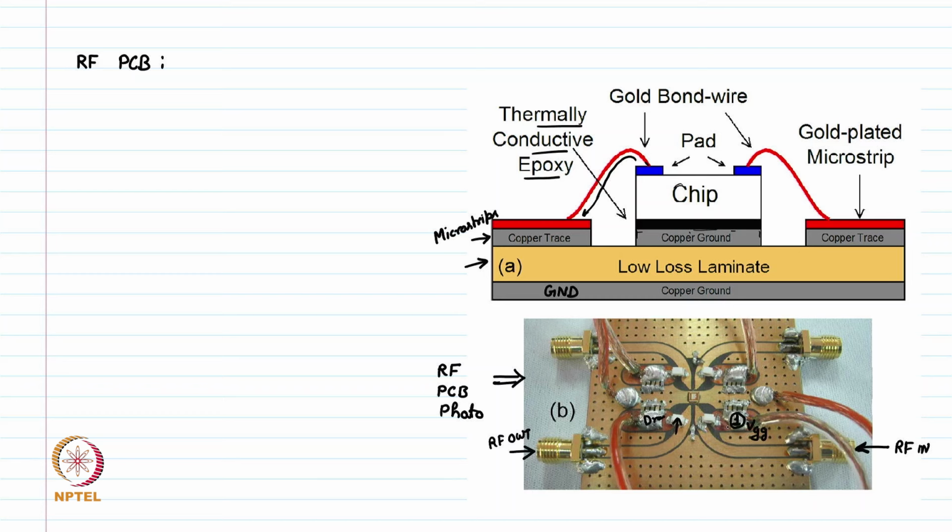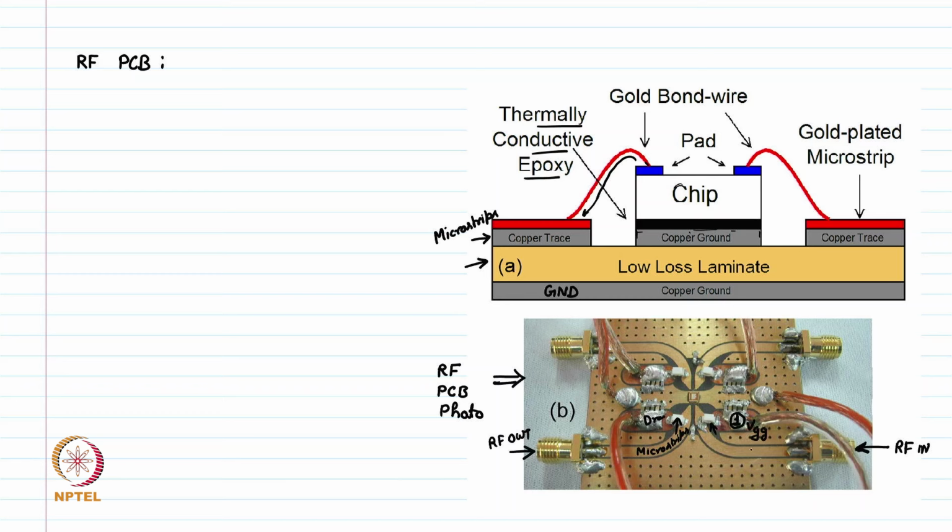These are the RF chokes, and these are our microstrips. These are carefully designed so that the characteristic impedance of this trace is 50 ohm at 1 gigahertz.